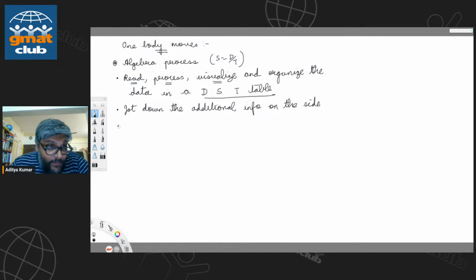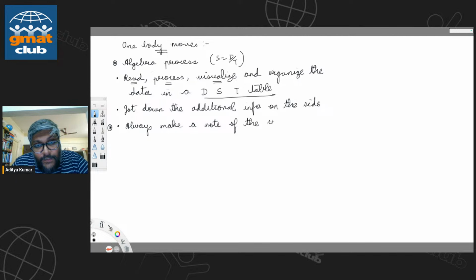Third, and I would say this is the most important of the structures, always make a note of the constant. In a speed, distance, time question, whether one body moves or two bodies move, at any given point of time, there will always be one out of speed, distance, and time that is a constant.